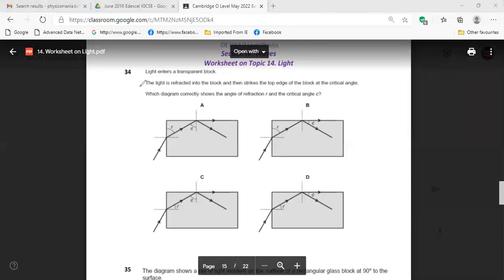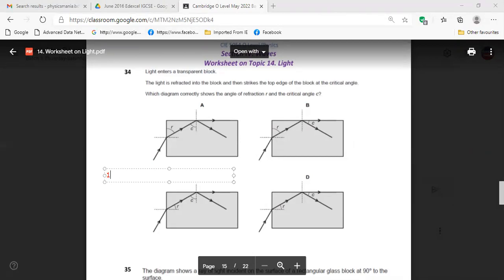Sir, critical angle is from the normal to the refracted ray, right? Not the refracted ray. The critical angle is always the angle of incidence. Always remember that. So that point also you write here.